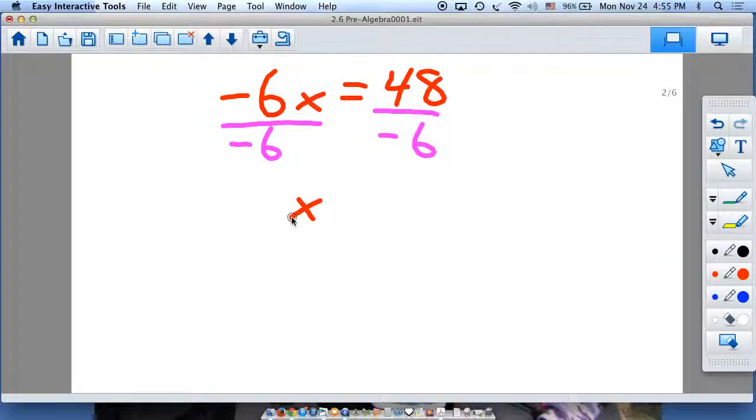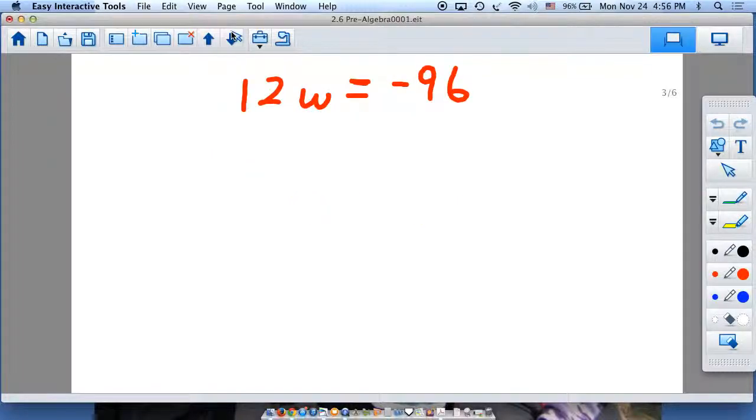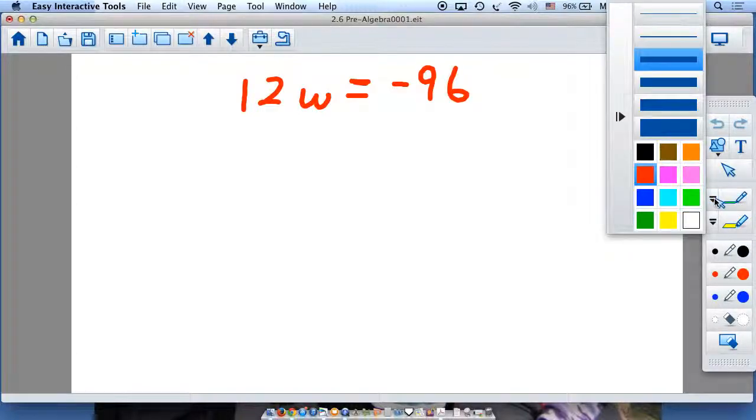We want that variable to be positive. And 48 divided by negative 6 is going to give us negative 8, because we know a positive divided by a negative is a negative. Once again, you can do your check to make sure you're correct. Let's move on to this next example, and you try it. Then come back and see if you got it right.